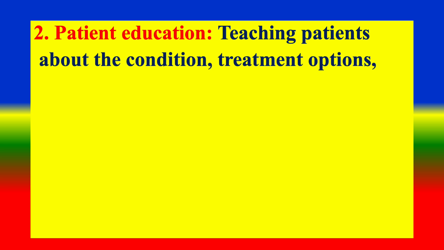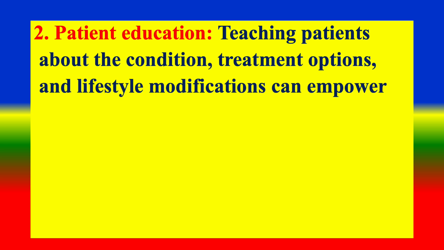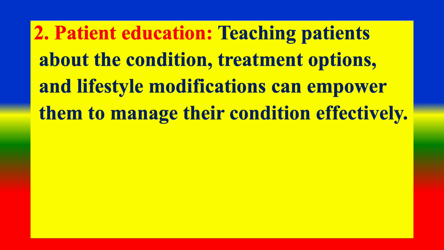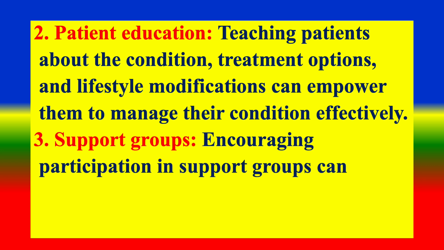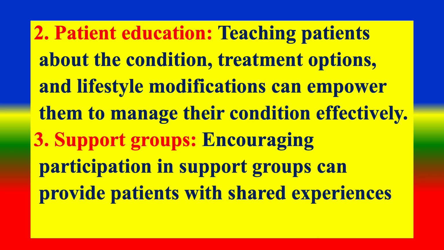Teaching patients about the condition, treatment options and lifestyle modification can empower them to manage their condition effectively. 3. Support groups. Encouraging participation in support groups can provide patients with shared experiences and coping strategies.